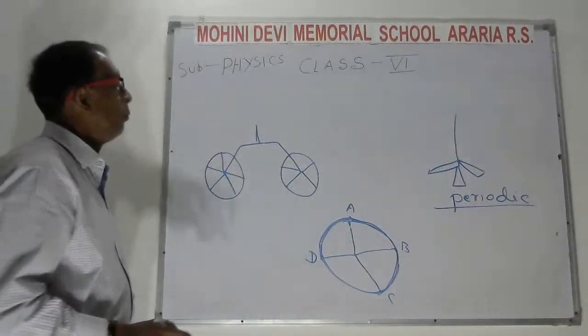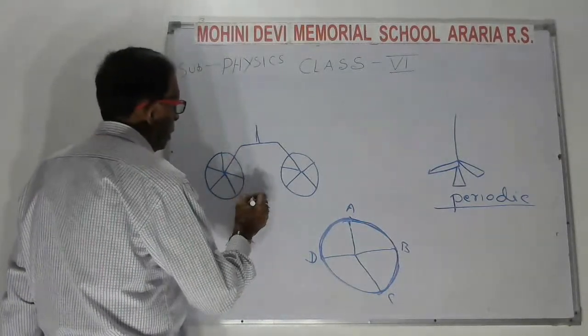So the motion of the bicycle wheel is also periodic.